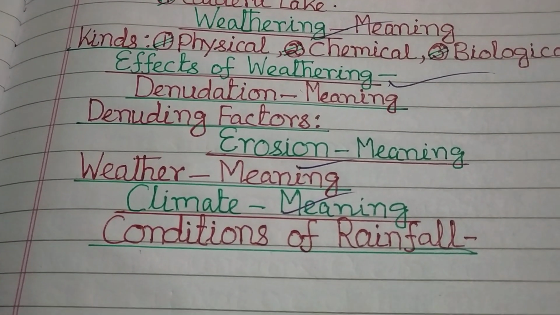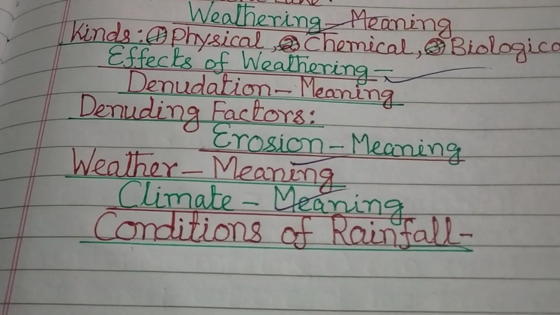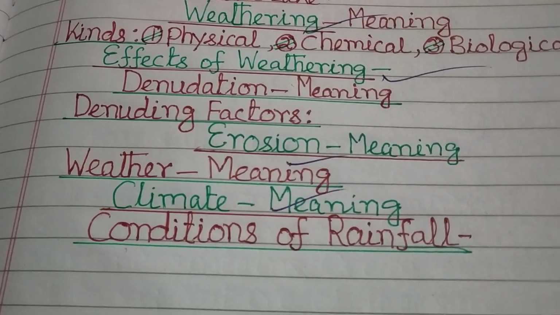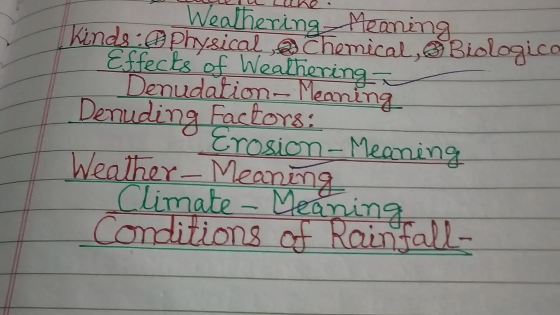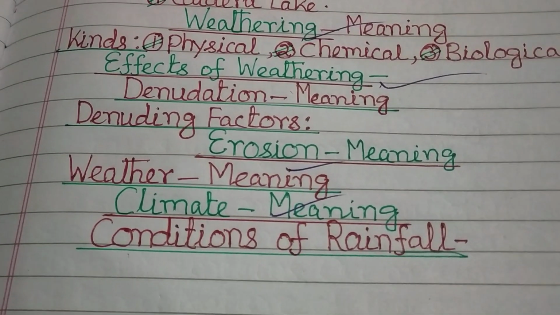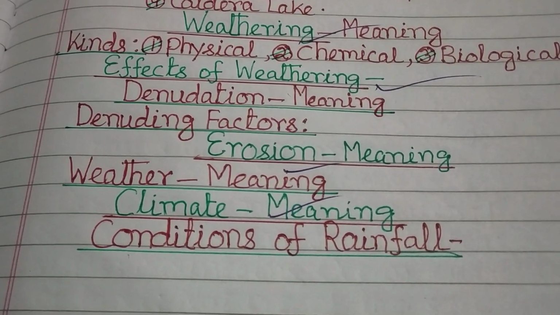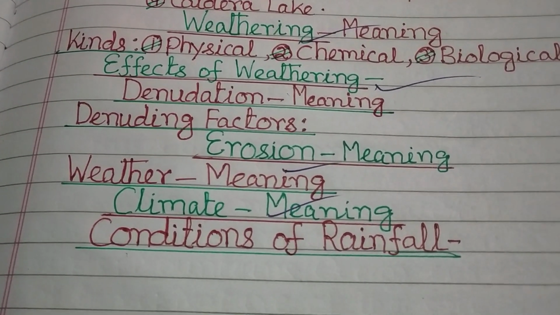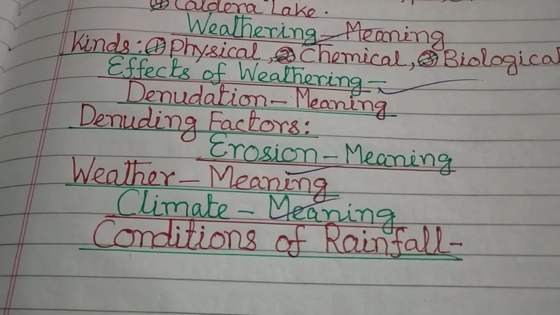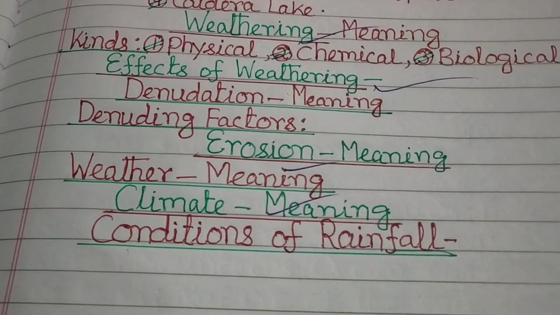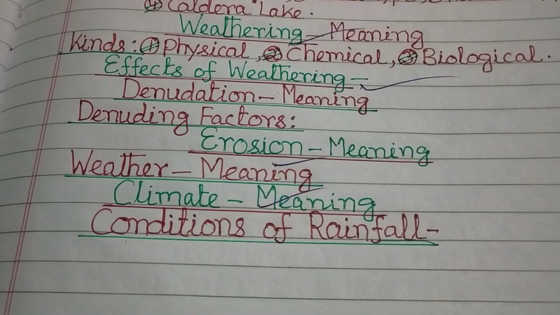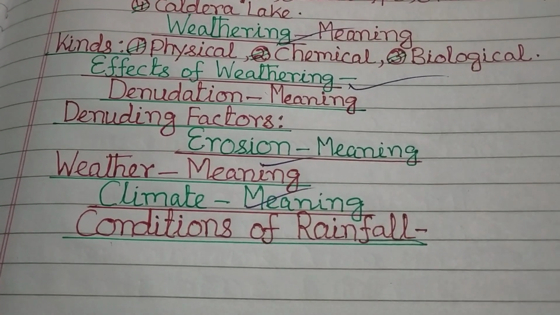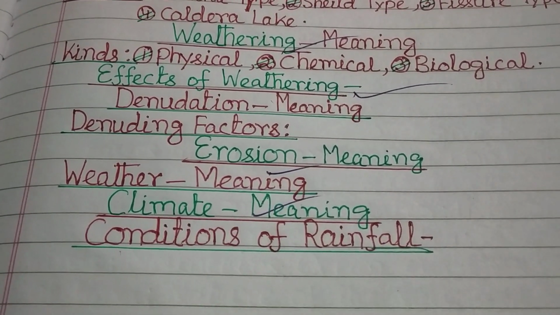The denuding factors are wind, water, temperature, glacier, sea, animals, gravity, and man, etc. Many factors are there behind denudation.